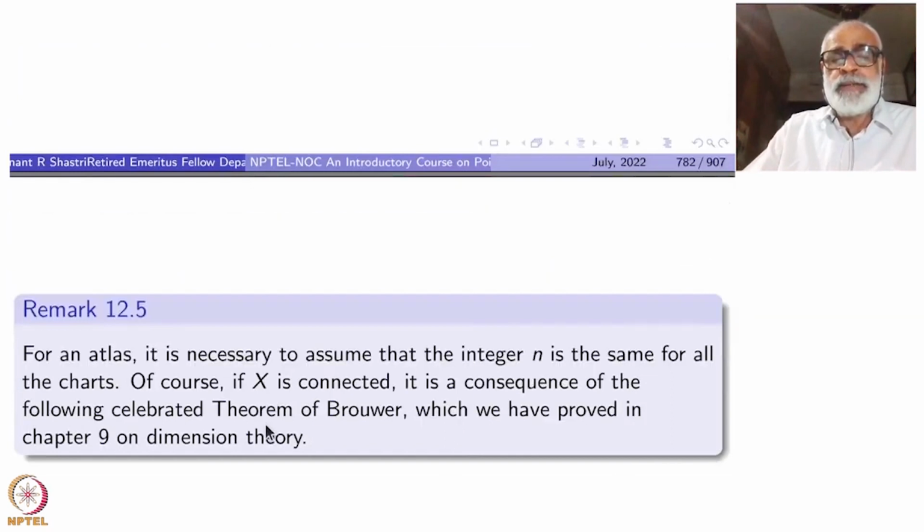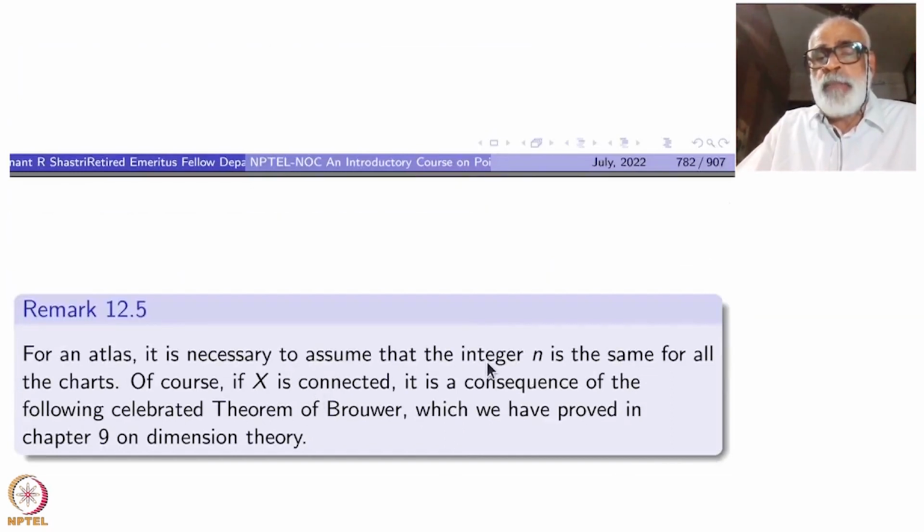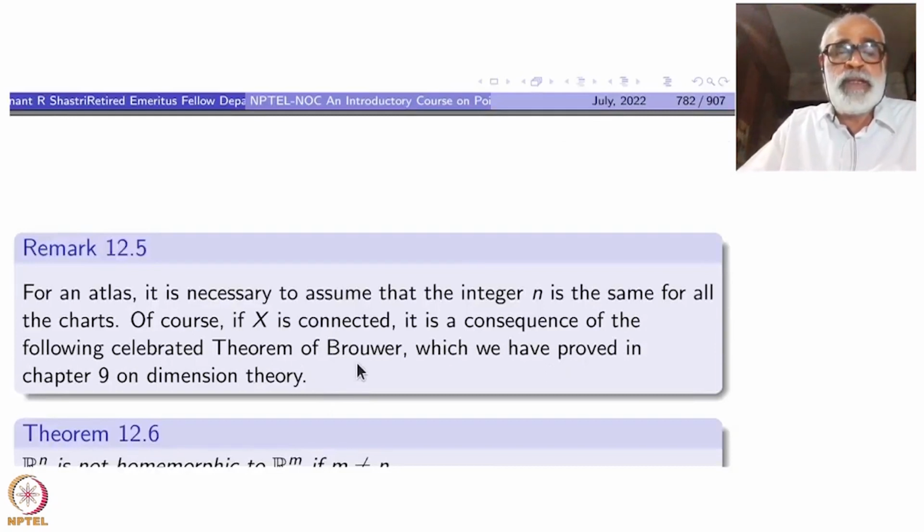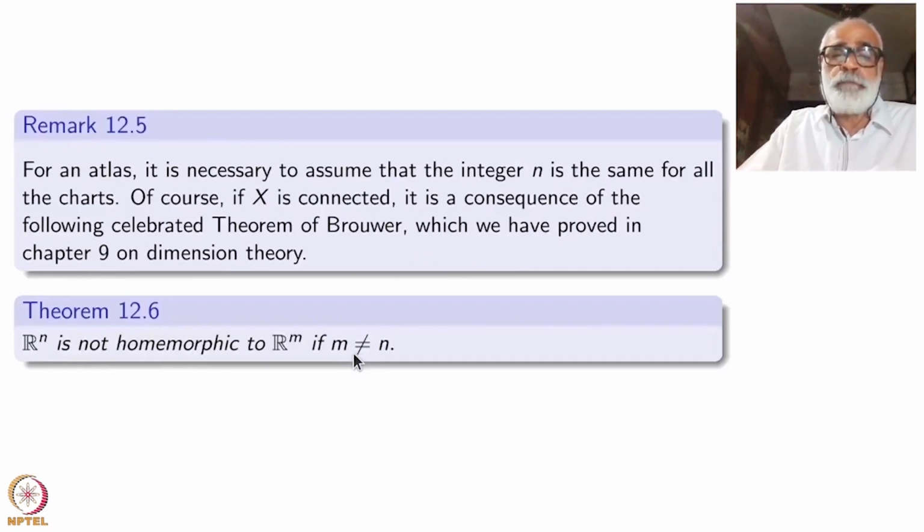For an atlas, it is necessary to assume that the integer n is the same for all the charts. Don't change the n there. Of course, if X is connected, you are free to change it also, but you have to use a certain theorem which you have seen, namely Brouwer's invariance of domain, namely Rn is not homeomorphic to Rm for n not equal to m.